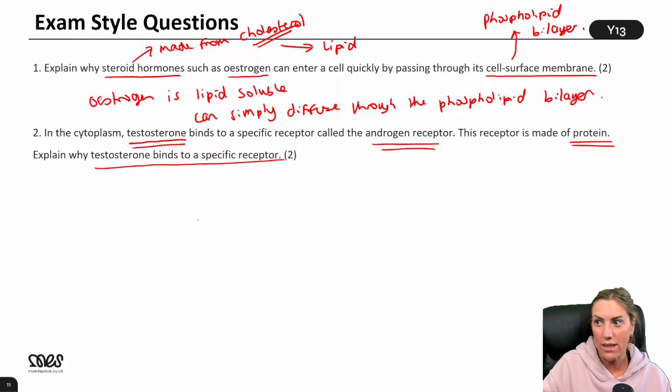This is year 12 knowledge, guys. I know it might not seem like it, but it's about shapes fitting together. We're explaining why a particular hormone binds to a particular receptor. It's just about shapes fitting together, okay? You don't really have to use any year 13 knowledge for this.